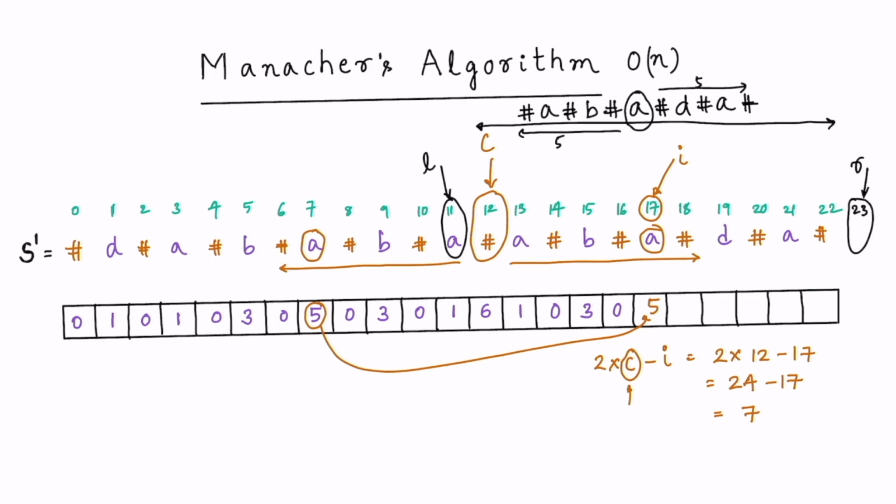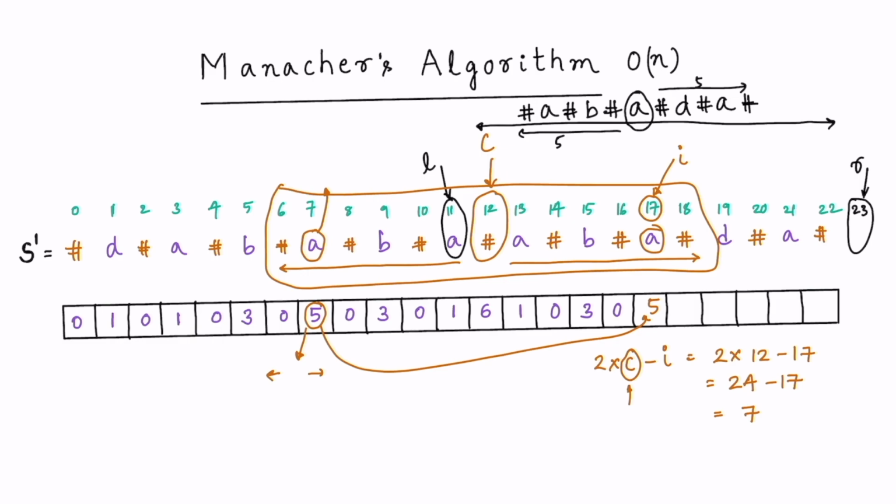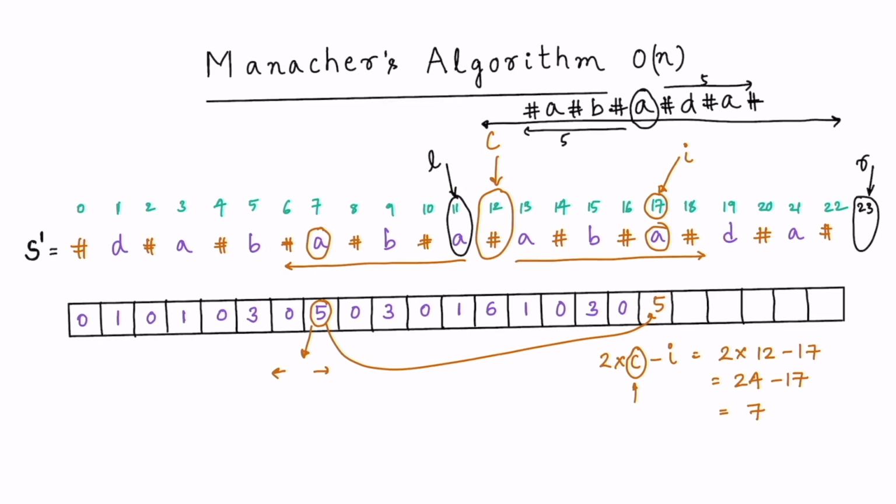It's because we saw that this mirror A has a palindrome that has 5 characters to the right and 5 characters to the left. But what we missed is palindrome of this mirror A is not part of this original palindrome.